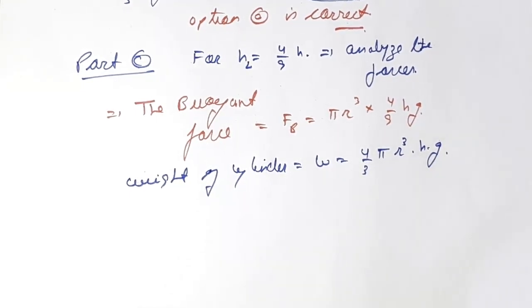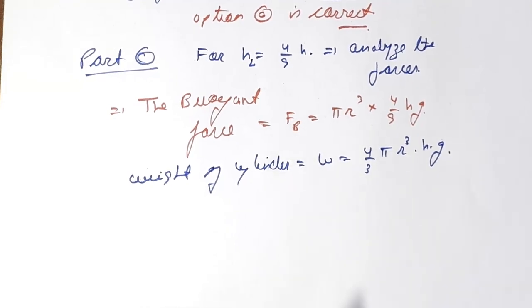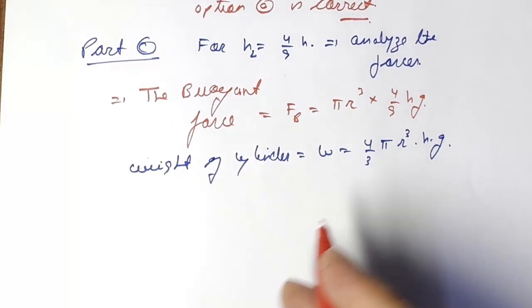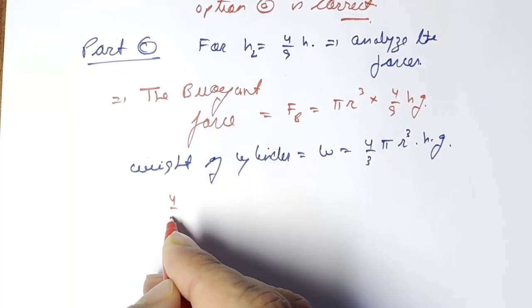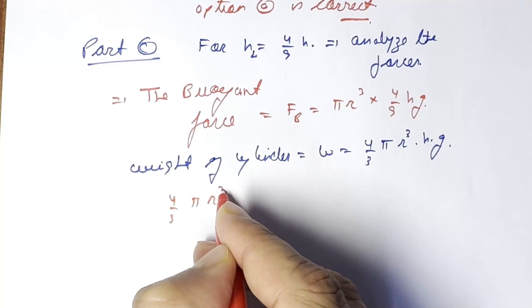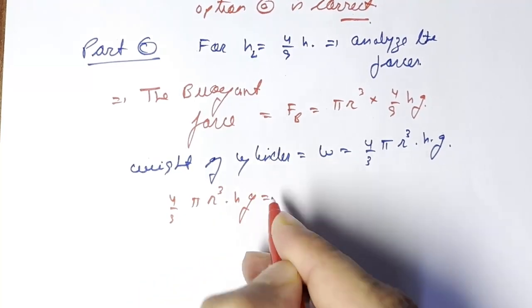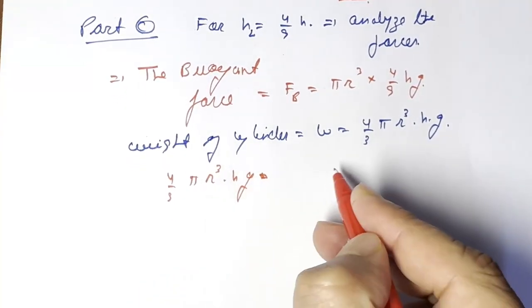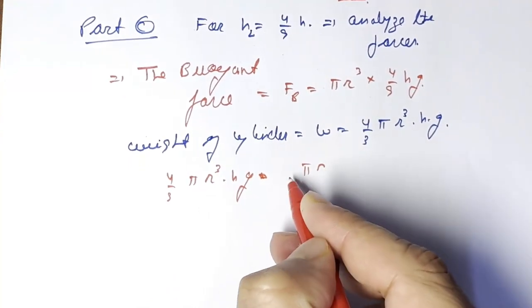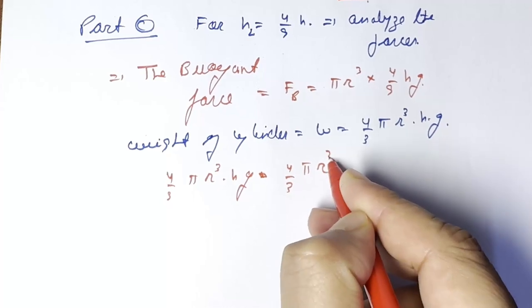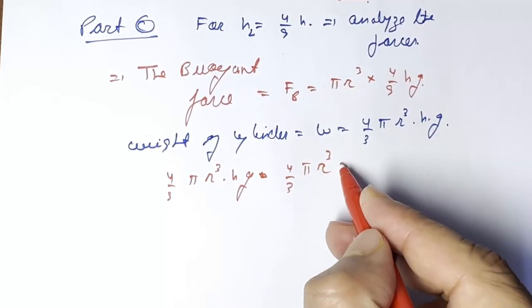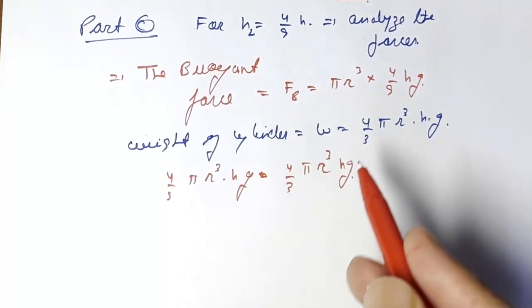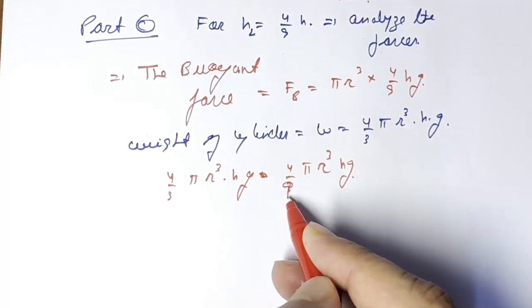So if you make the comparison between the buoyant force as well as the weight of the cylinder, let me write it. So we can write this as 4/3 pi r cube h multiplied by g, and sorry, not equal to, but we have here 4/3 pi r cube, and we have here hg 4/9, sorry.